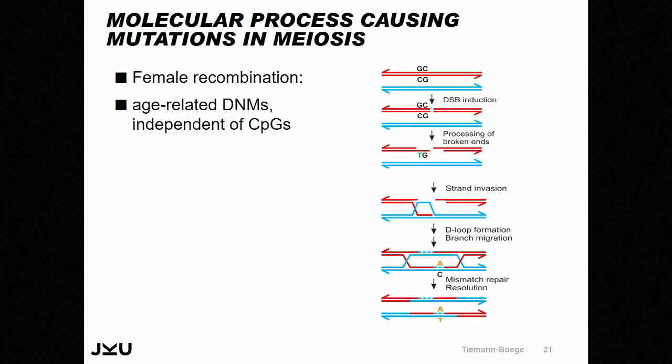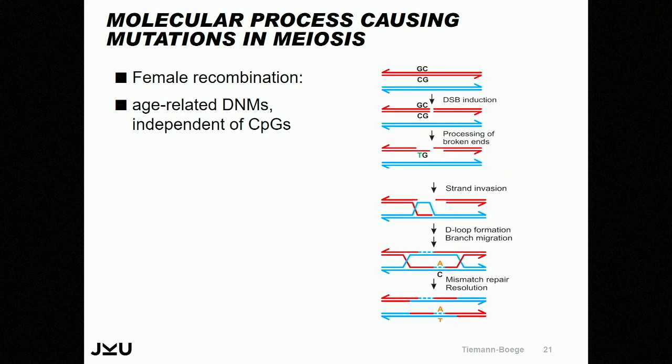And we know that the mismatch repair machinery also gets weaker with maternal age. So what we think is happening is that these mismatches are not being removed as females age, and that's why you have more de novo mutation accumulation with age in female recombination hotspots.